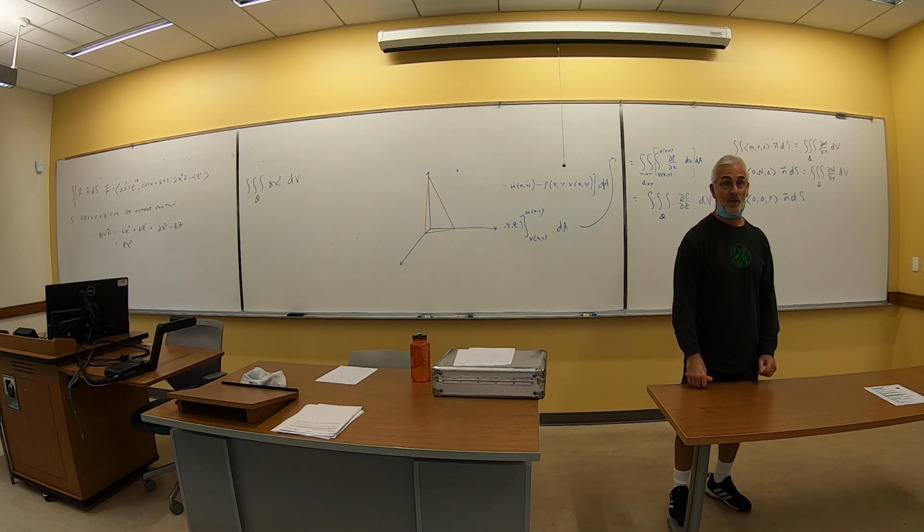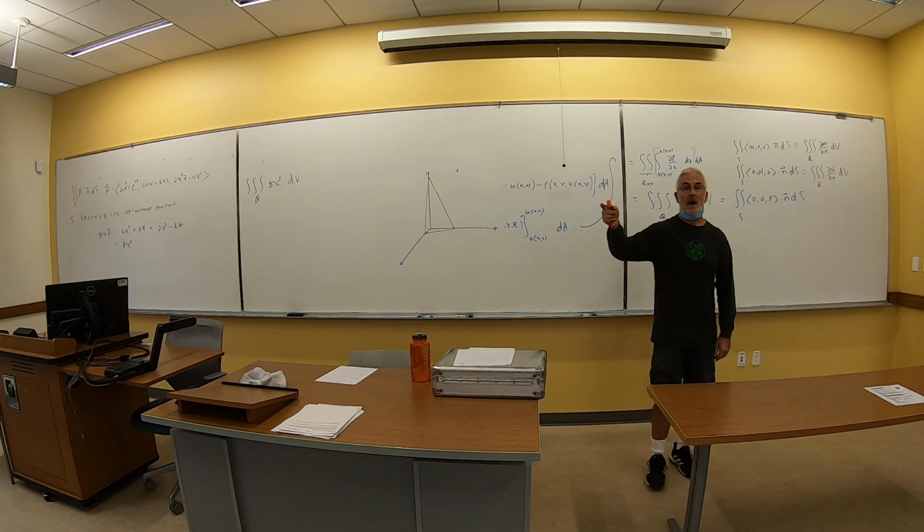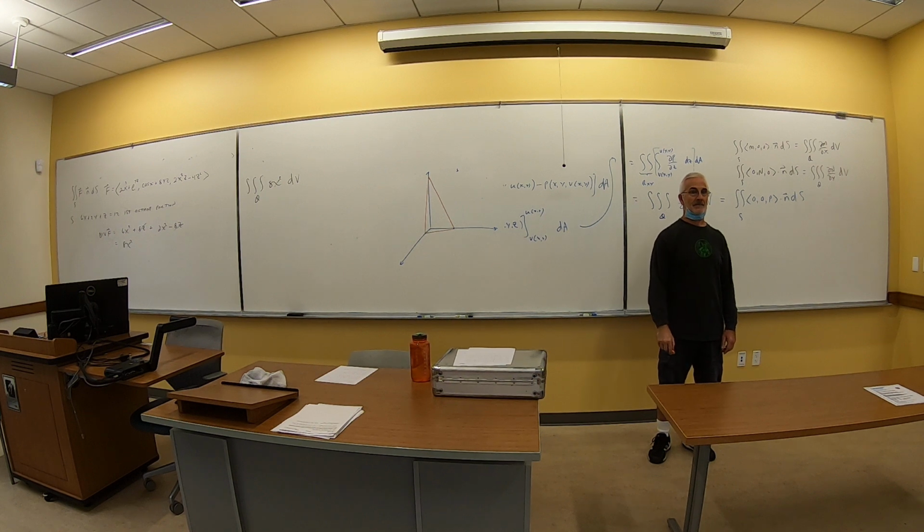If I integrate x first, I'm going to get x cubed, and then I'm going to evaluate my limits, which are linear functions. I'm going to have to cube binomials. I get the same answer regardless of the order, but don't do x first, do x last. Again, you don't want to be cubing things. If I do x last, I'll be cubing constants. So that's a way better thing.